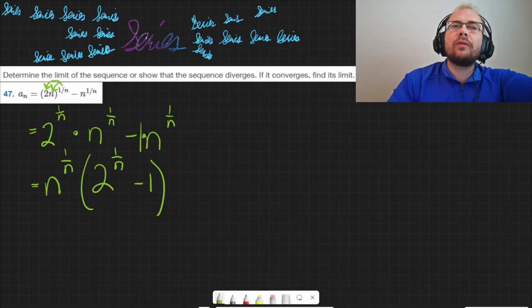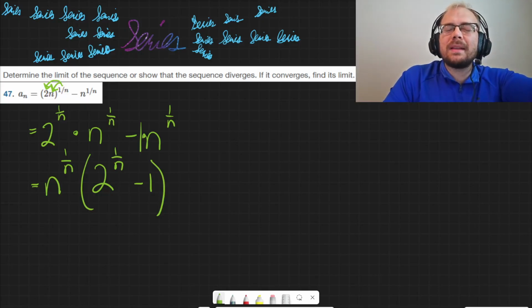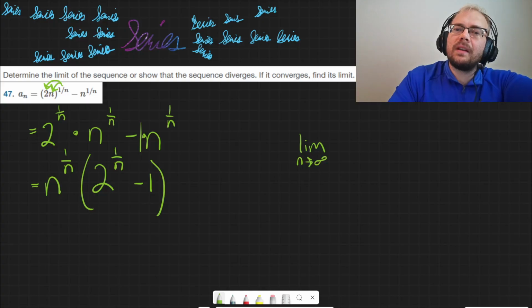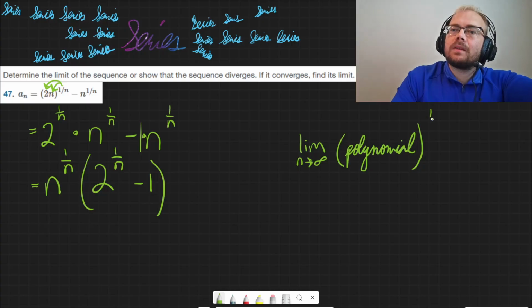I don't know for higher degree polynomials necessarily, but I want to say it would also go to 1, no matter what the polynomial is. So I think we could say safely here that the limit as n goes to infinity of any polynomial to the 1 over n power would equal 1.